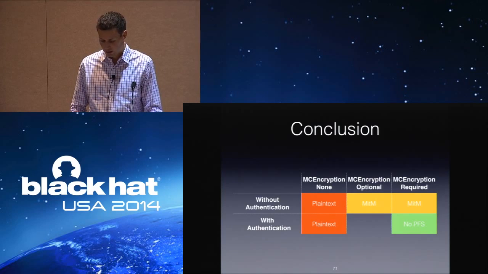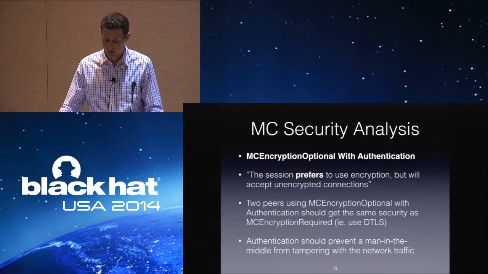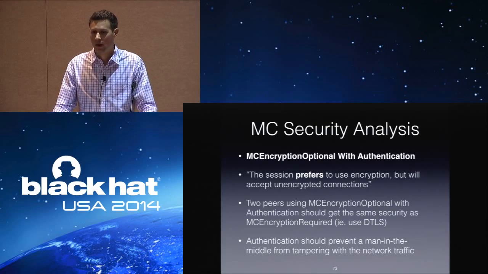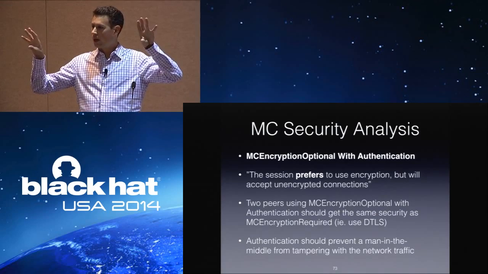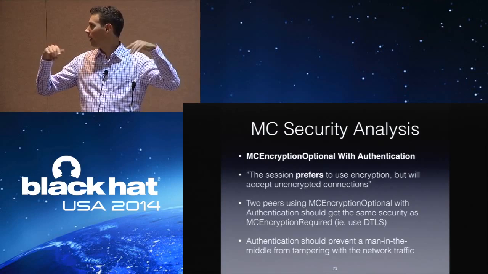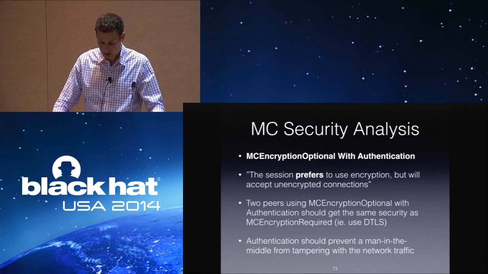But the more interesting case is when you have authentication and encryption optional. So as I said, the documentation says prefers to use encryption. So the assumption there is that if you have authentication and the 2 peers have encryption optional, they're going to actually switch to encryption required. And that's what this sentence implies, because they prefer to use encryption.